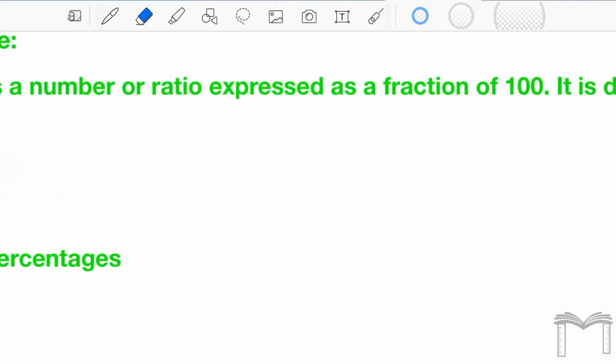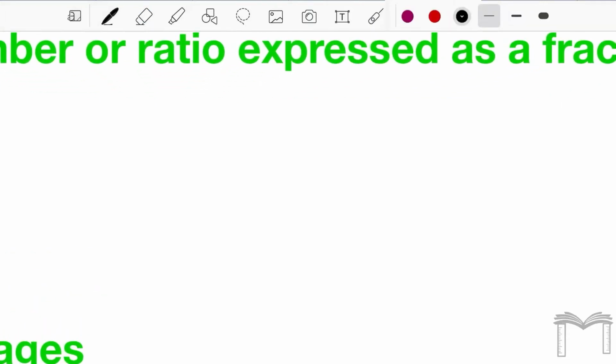This means that, let's say we had 1 out of 4 stationaries being a pencil. We can firstly express this as a fraction. So what fraction of the stationaries are pencils? It's 1 out of 4 parts, so that's 1/4.